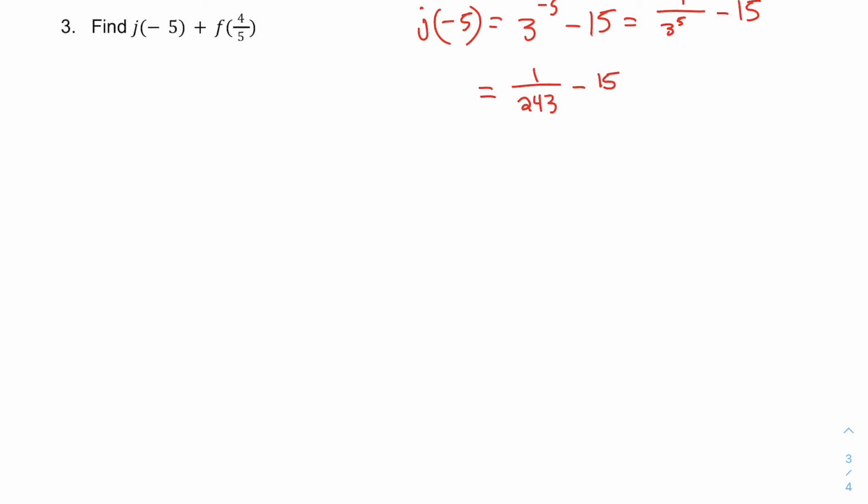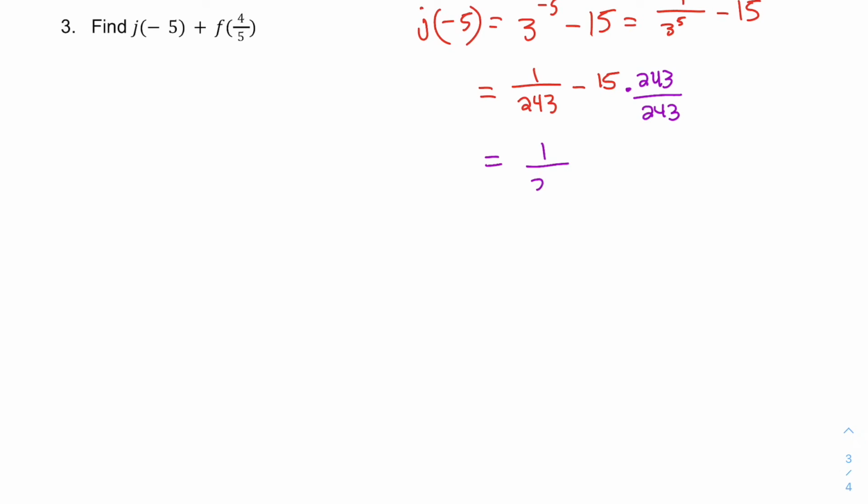And we should try to get this into a single fraction. So I'm going to multiply 15 by 243 over 243 to get a common denominator. 243 times 15, I'm going to use a calculator, and we get 3,645.